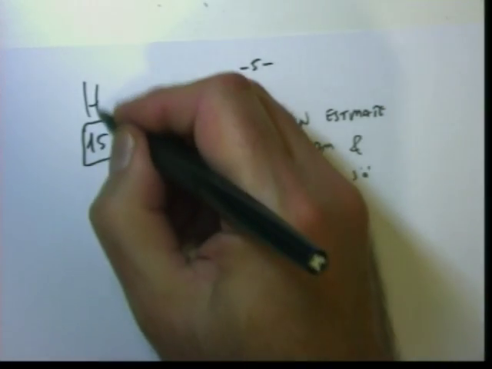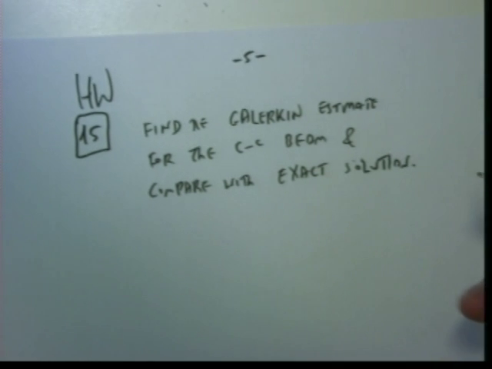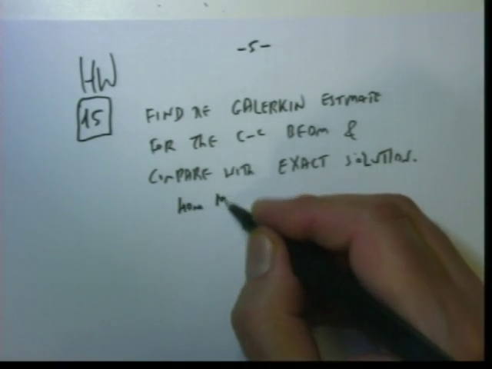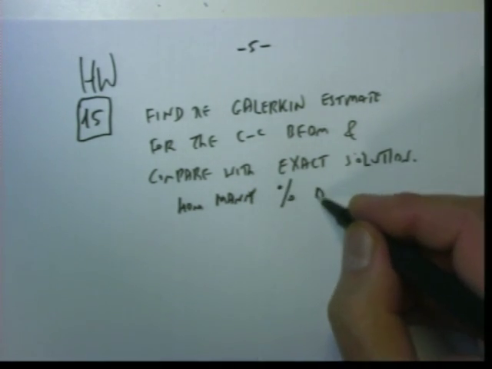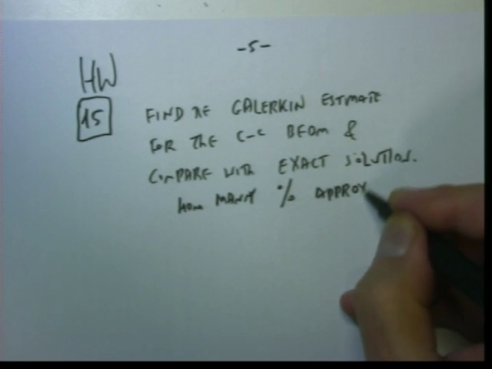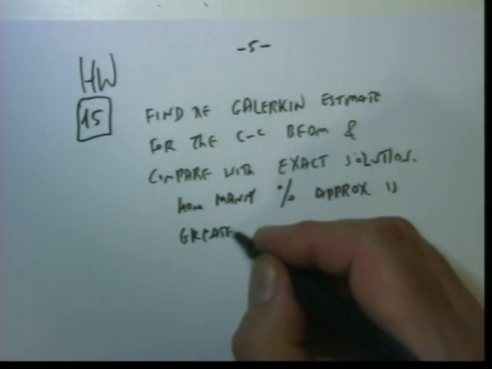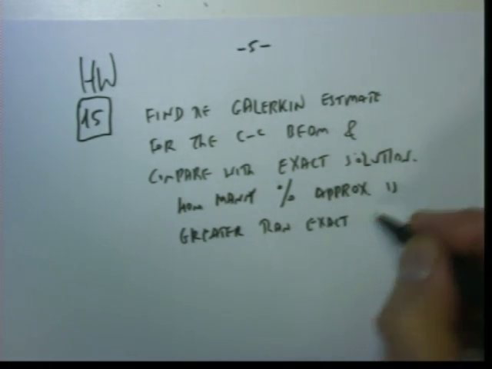So that is homework. What does it mean? How many percentages approximation is greater than exact solution?